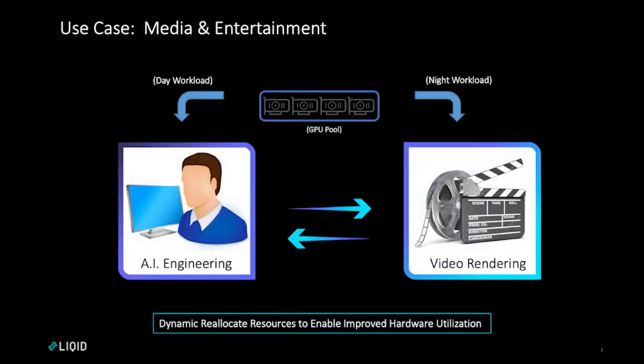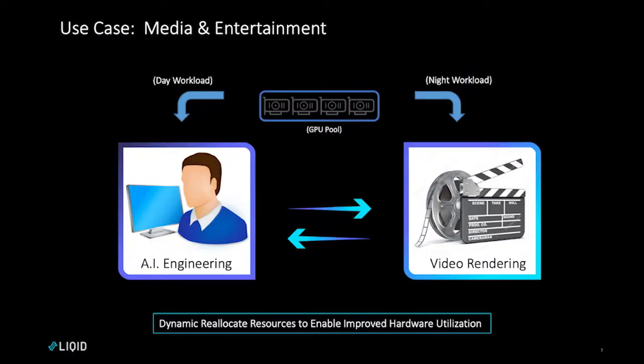This use case is around media and entertainment, maybe the easiest use case that we have to understand. And this one is very simple. This is a studio that also leverages these very expensive accelerators, these GPUs. And the model that they're implementing right now is during the day, they compose or give those GPUs to their AI engineers.